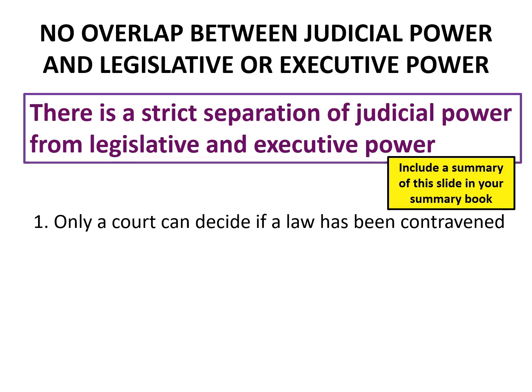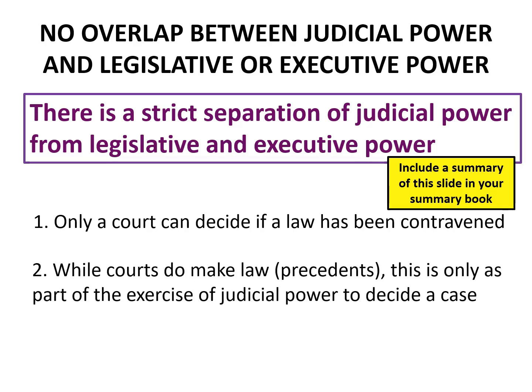Neither the Parliament nor the government can find a person guilty of breaching a criminal law or liable for breaching a civil law. Instead, it is only the courts, that is a judge and, where applicable, a jury, that can decide whether an accused is guilty in a criminal case or whether a defendant is liable in a civil case.